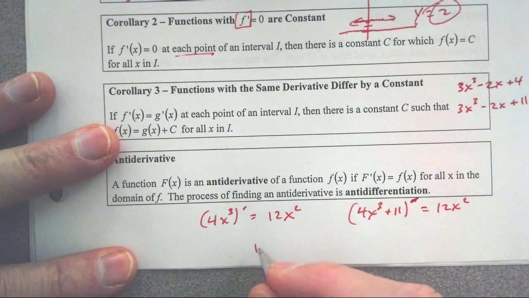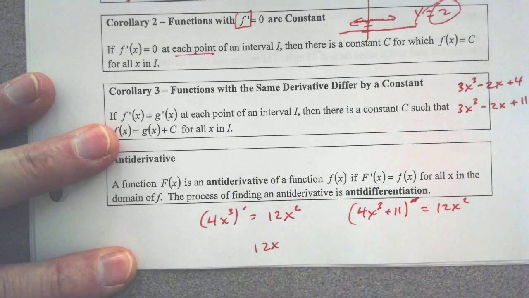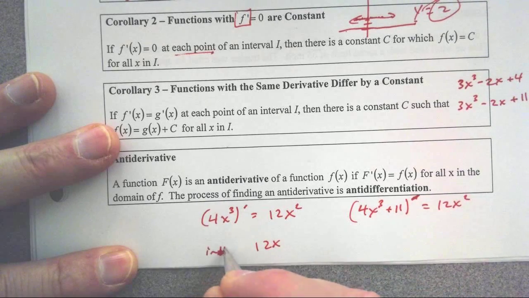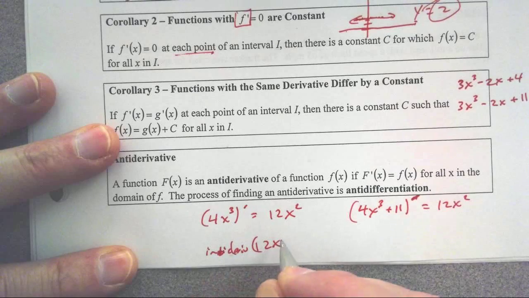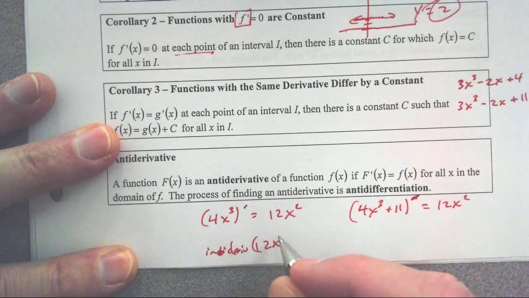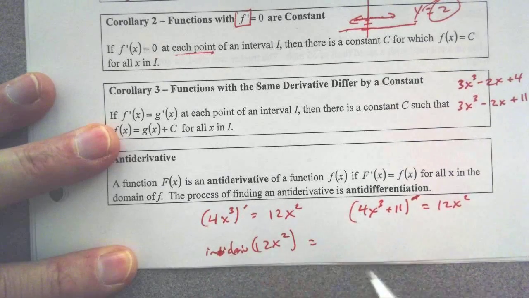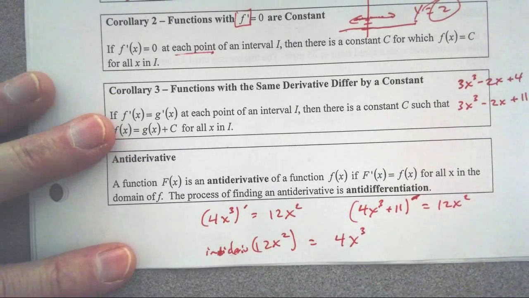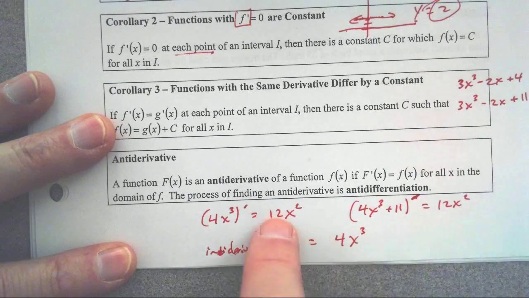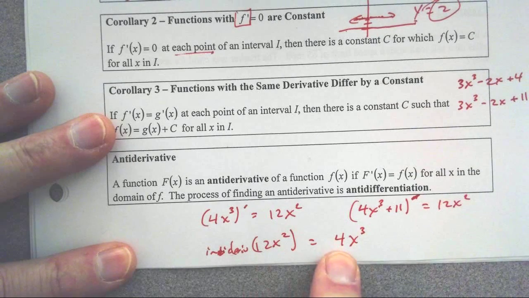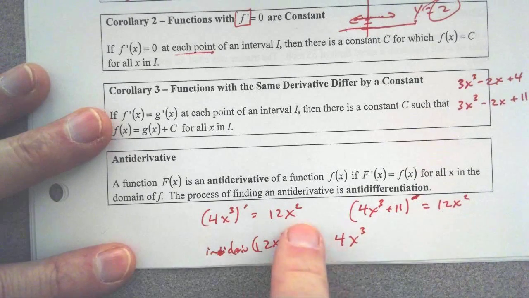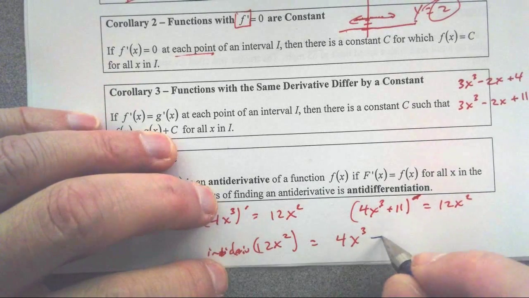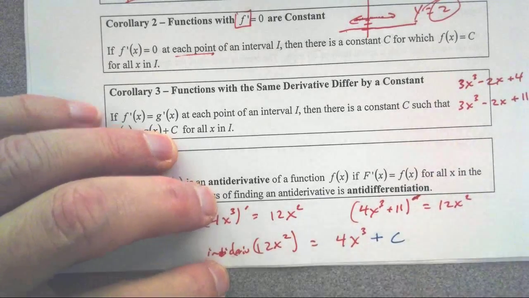The antiderivative, and we'll talk about notation of this a lot as we come up, but right now I'm just going to say the antiderivative of 12x squared is 4x cubed. However, because this and this gave me the same derivative, the antiderivative has to assume that perhaps there's some constant added on, and it would just be listed as plus c.